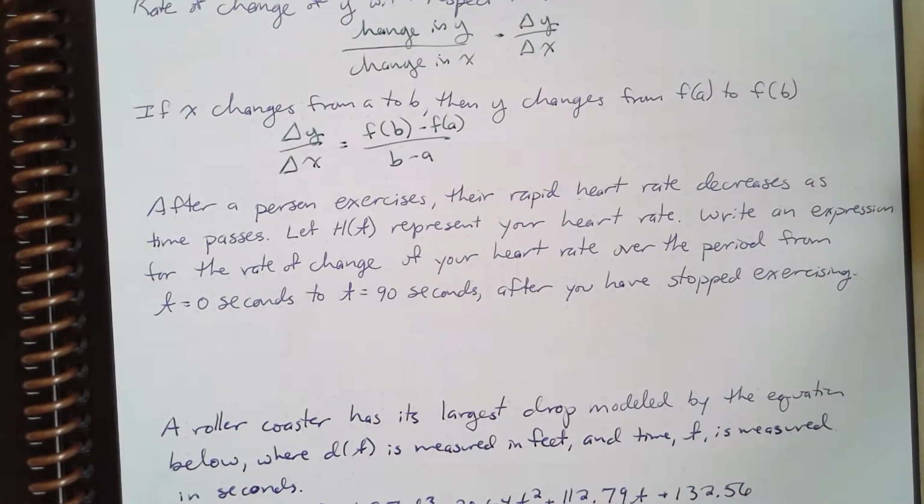After a person exercises, their rapid heart rate decreases as time passes. Let h of t represent your heart rate. Write an expression for the rate of change of your heart rate over the period from t equals 0 seconds to t equals 90 seconds after you have stopped exercising.